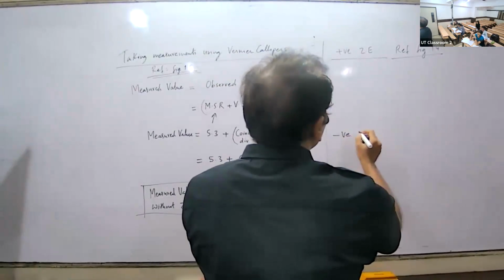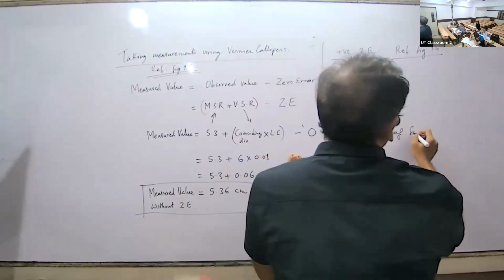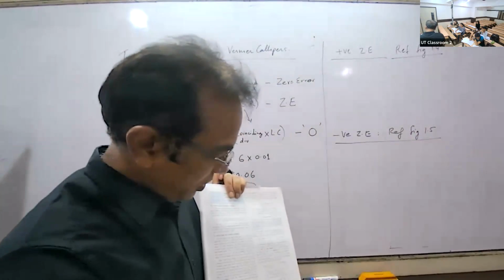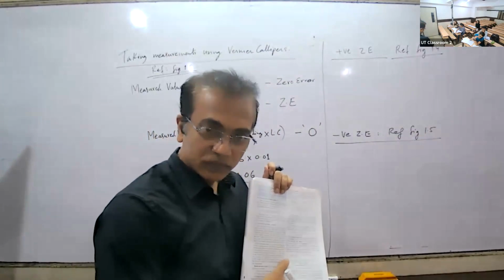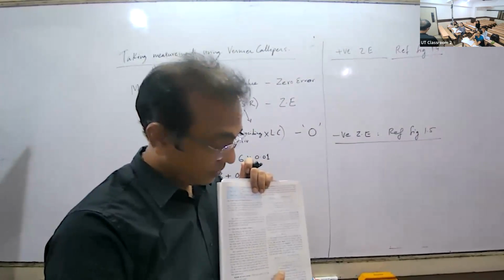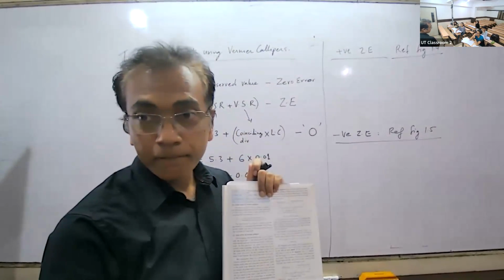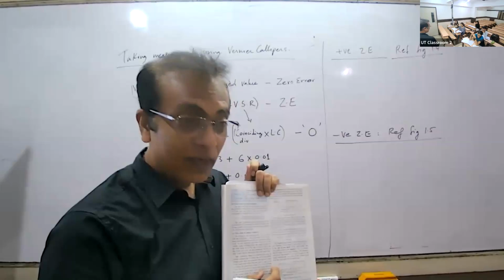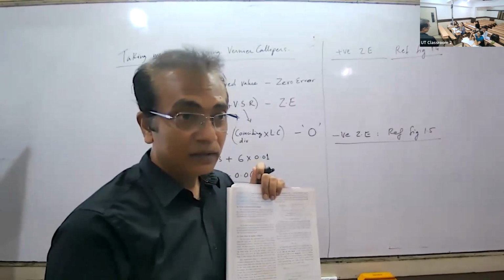Negative zero error. Now refer to diagram 1.5. If the zero of the vernier scale is always to the left of the main scale zero, that means whenever you take a measurement, the observed value is always less than the actual value, because it is always showing you less. So in that case, how will you correct? You have to add.